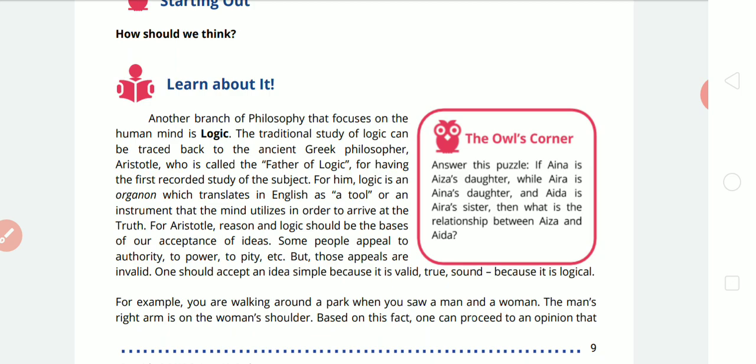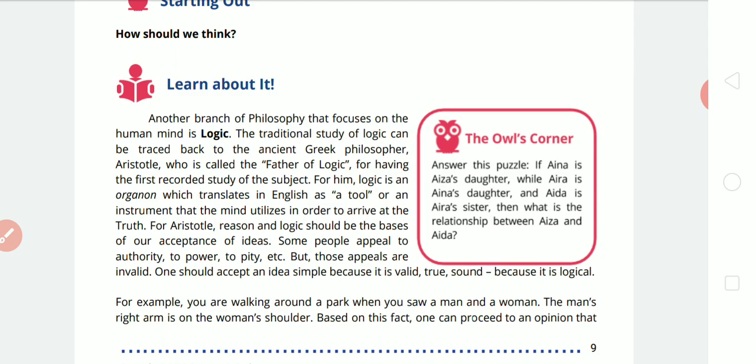So murag nanay interference nga nahitabo kay in coming up with the truth. You should not consider your emotions. Instead, you should base the truthfulness of a certain idea according to the facts or evidences given.